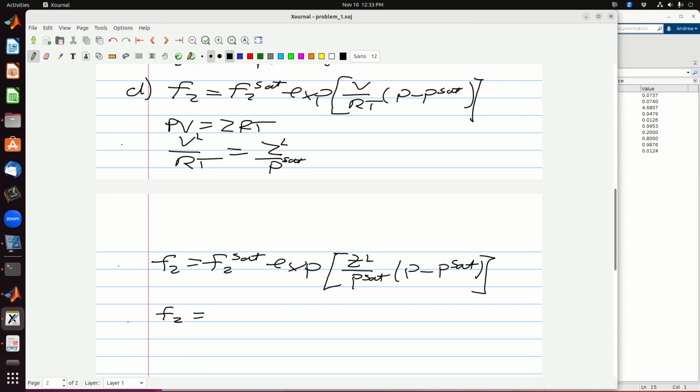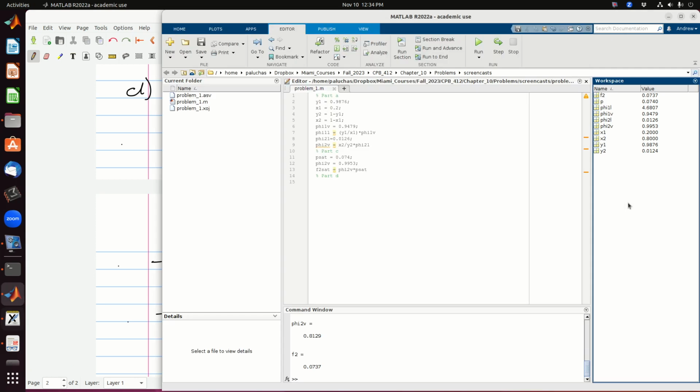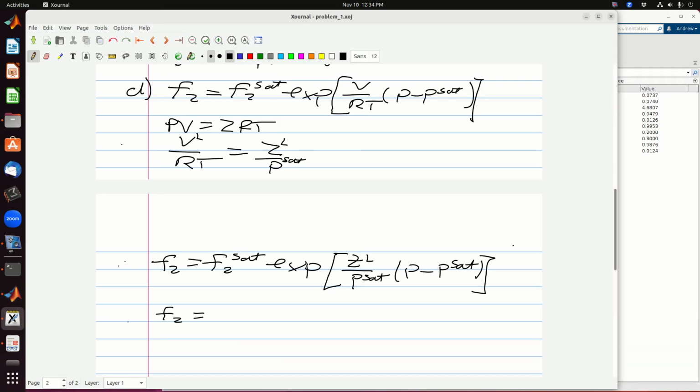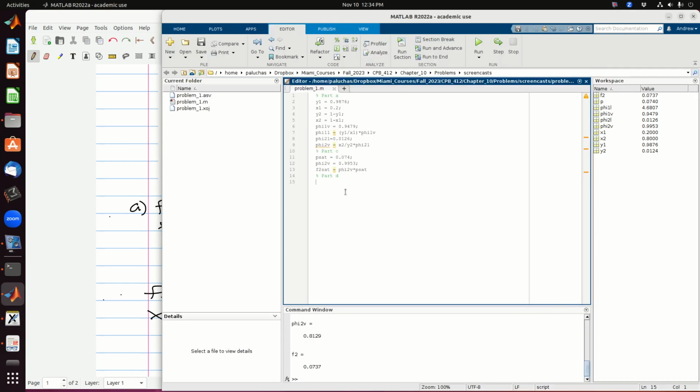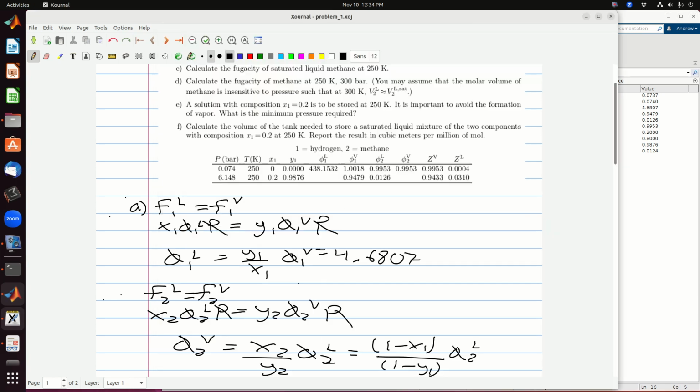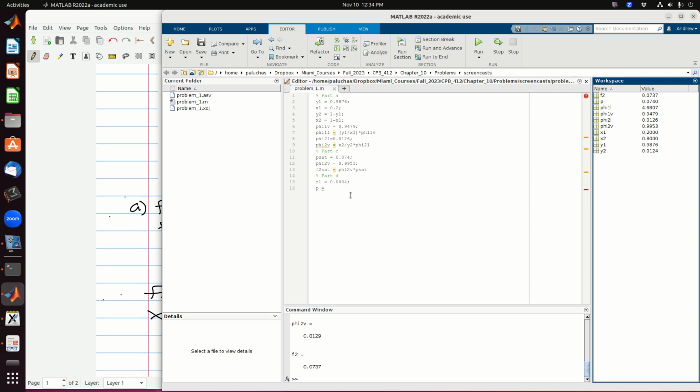So then down here, I just need ZL and P. ZL is 0.0004. And then P, the pressure I'm trying to compute my fugacity at, is 300 bars.